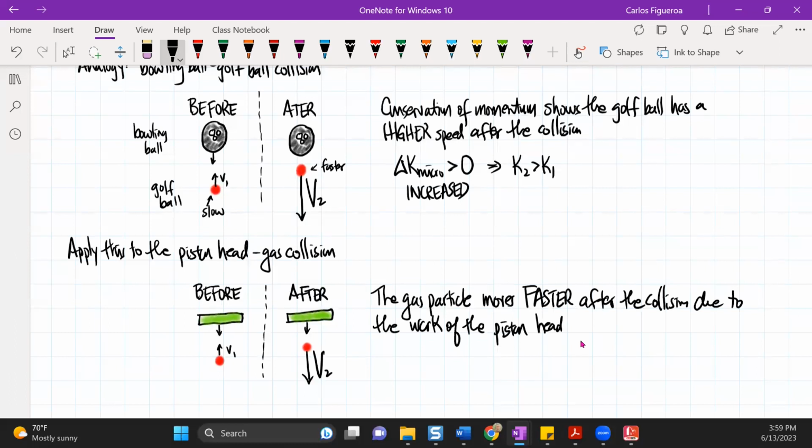And so I now have positive work of the piston head.